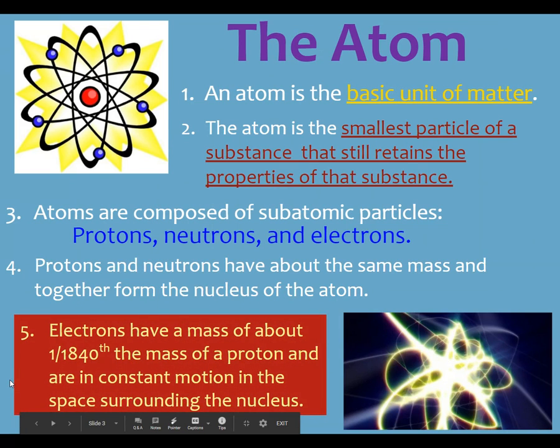They have a mass of about 1/1800th the mass of a proton and neutron, and they are in constant motion in the space surrounding the nucleus. So their mass does not factor into the mass of an atom. If you need to pause the video at any point, you can do that to catch up.